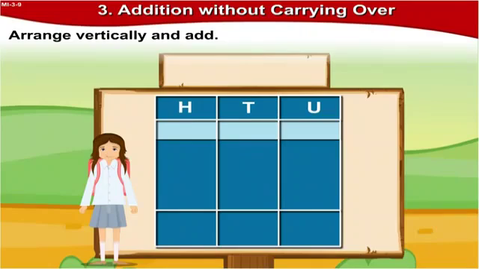Now the next one. 541 plus 320. Well, first we'll arrange them vertically. Now we'll write HTU. 541 would be 500, 4 tens, 1 unit, plus 320 would be 300, 2 tens, 0 units.